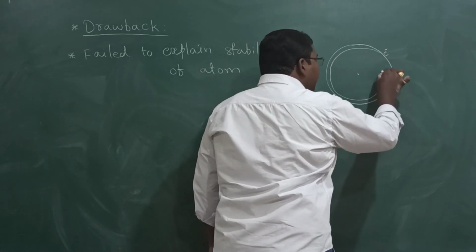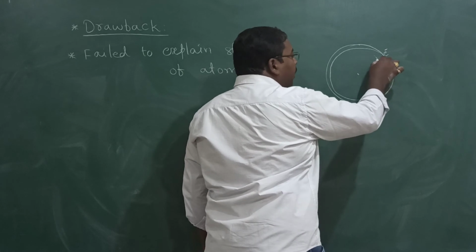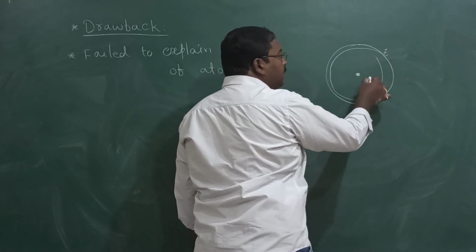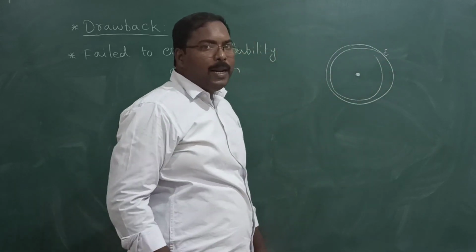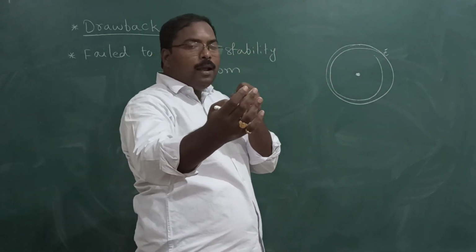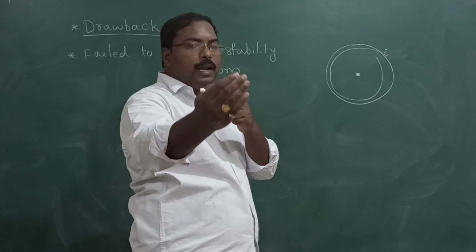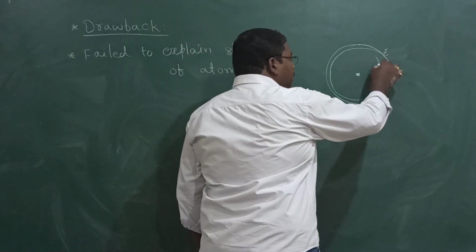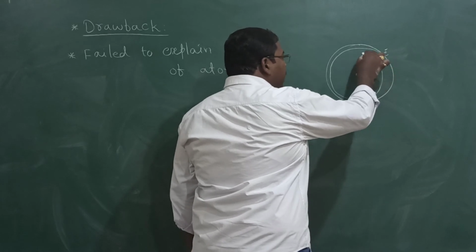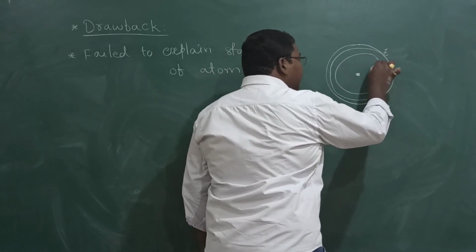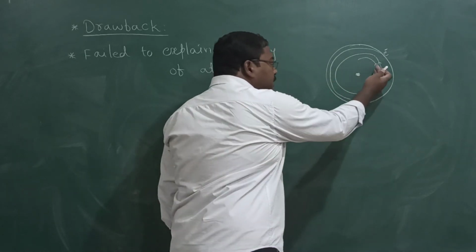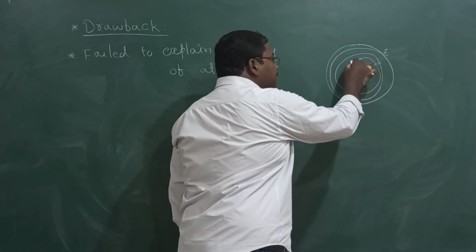When it loses some energy, because of the attraction, we know the nucleus is positively charged, the nucleus attracts the electron. It will move slowly towards the nucleus. Even when it does one more rotation, again its energy decreases and it comes somewhat closer to the nucleus.